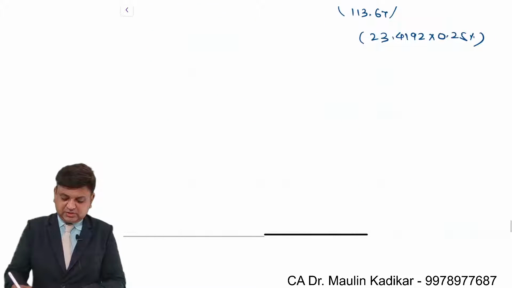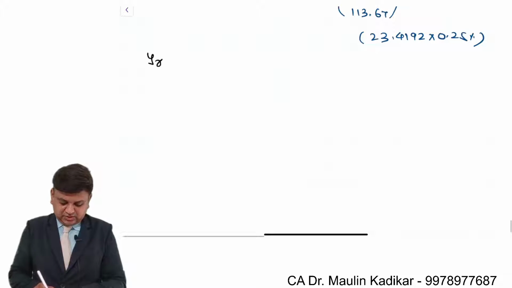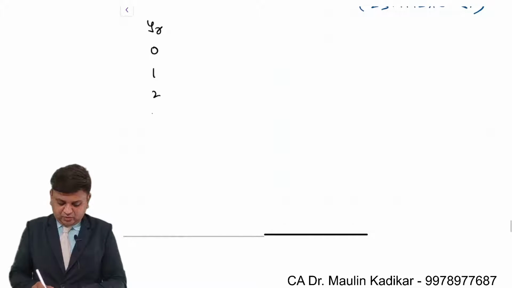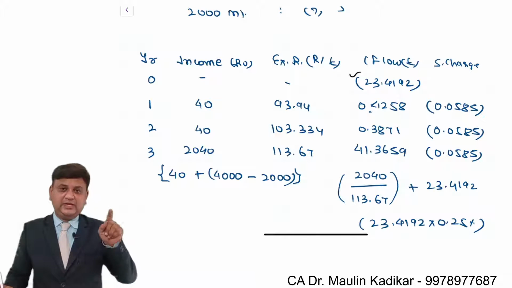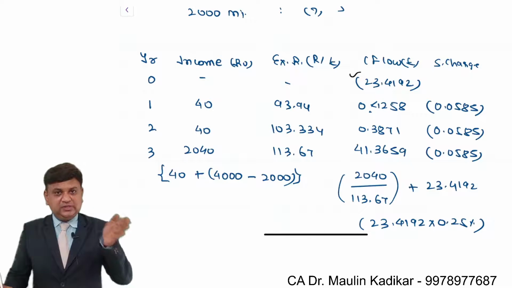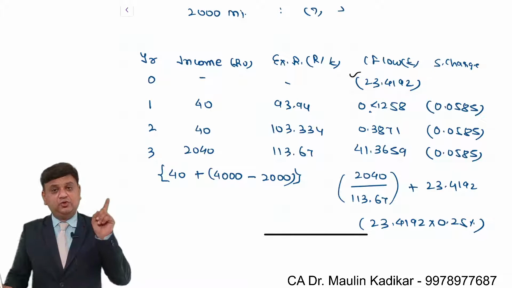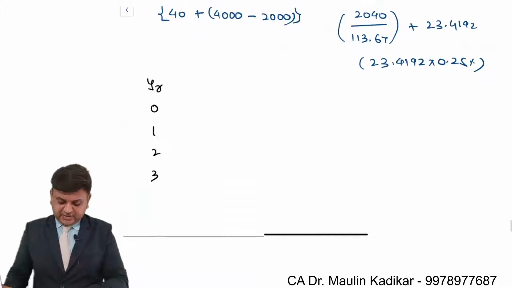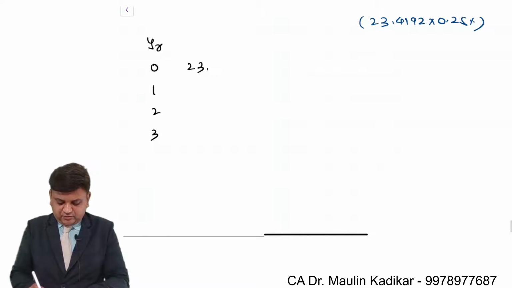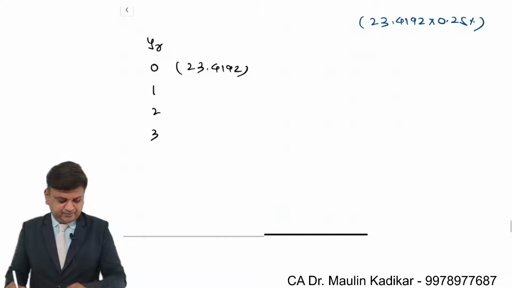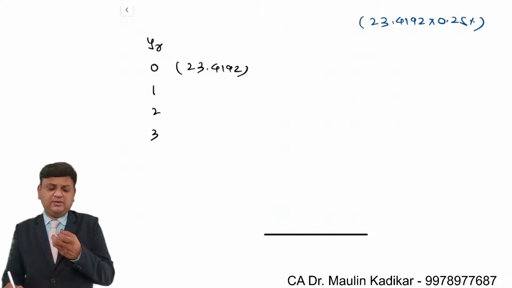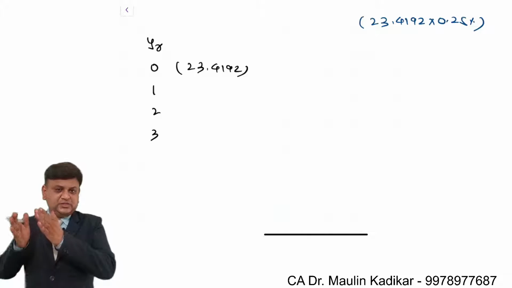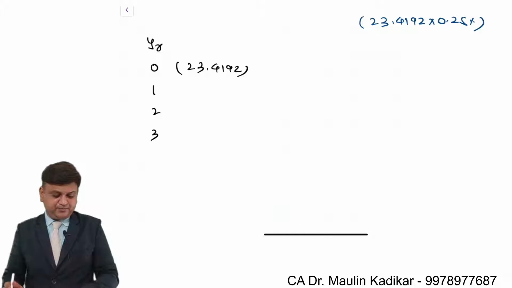Now based on this, we'll compute the net cash flow series. Year 0, 1, 2, 3. In year 0, this is the amount that you pay to the bank of that country, Perendia. You receive 2000 million rupees, which you invest in the business, that is 23.4192, the telecommunication center which you establish.